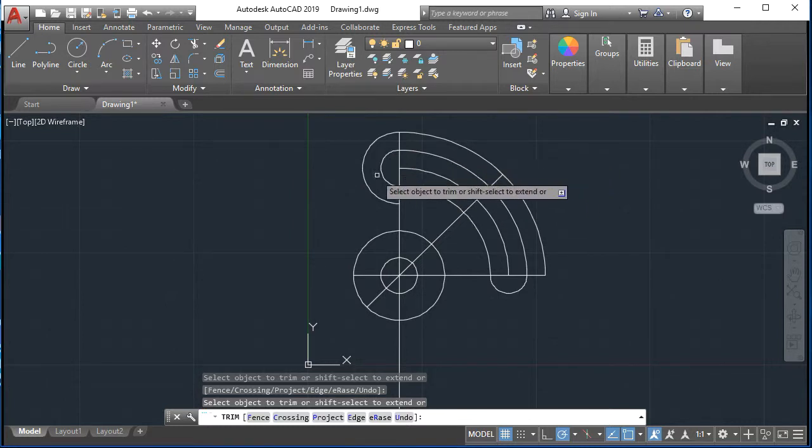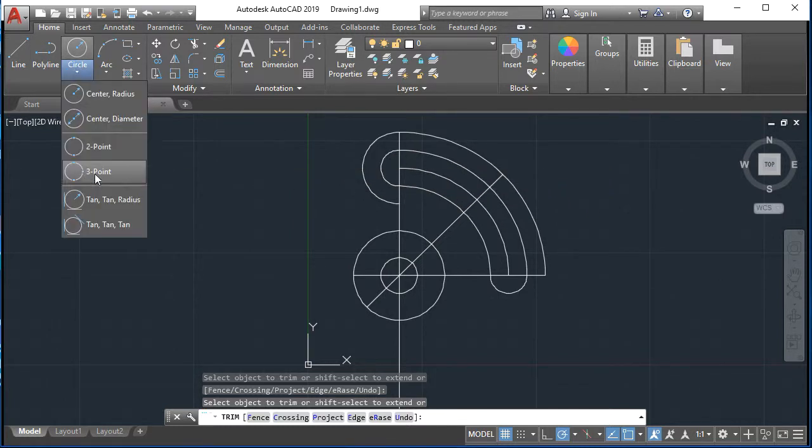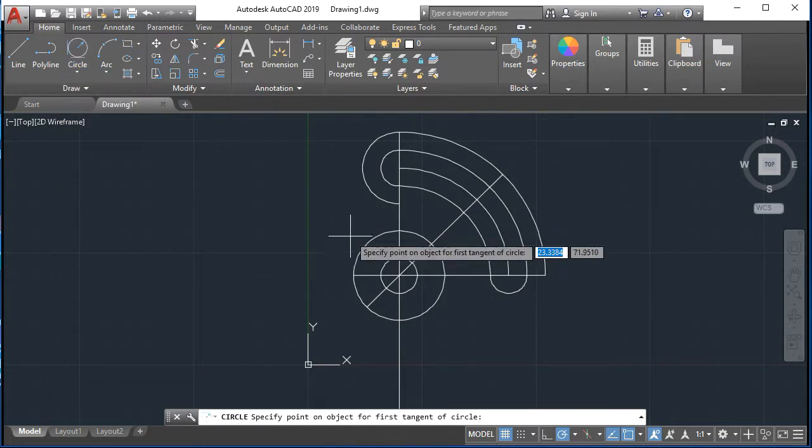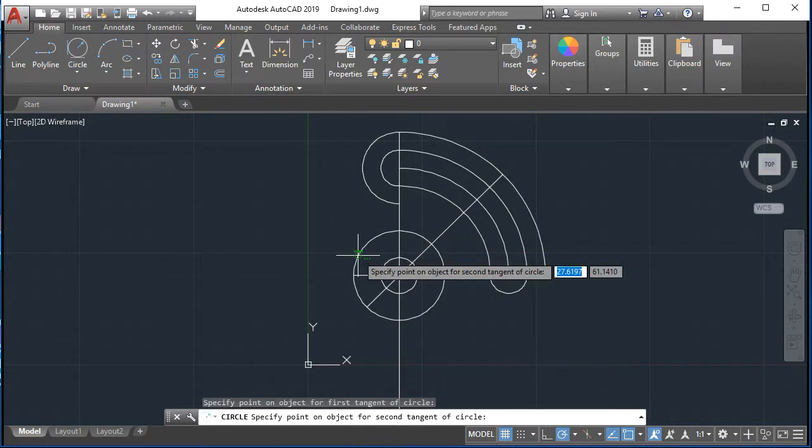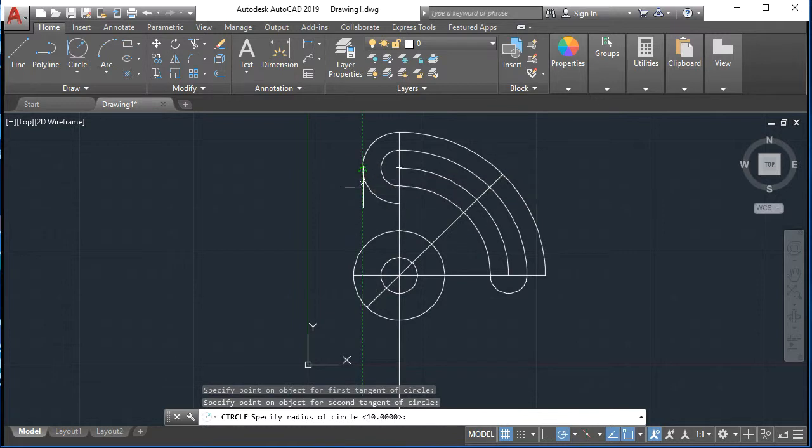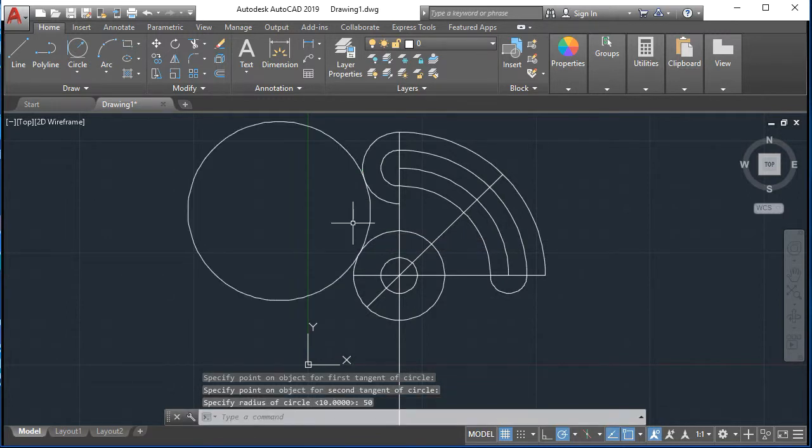Now I am taking a tan tan radius circle, with first tangential, second tangential, radius 15. So I have the circle again.